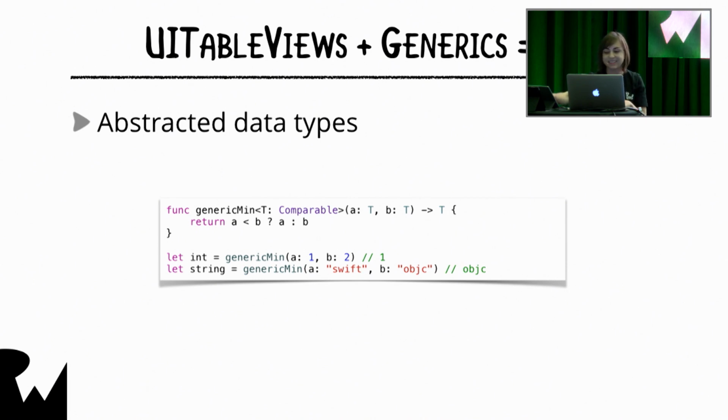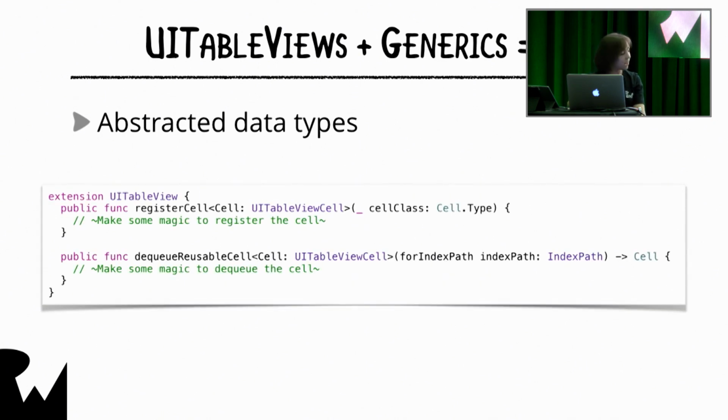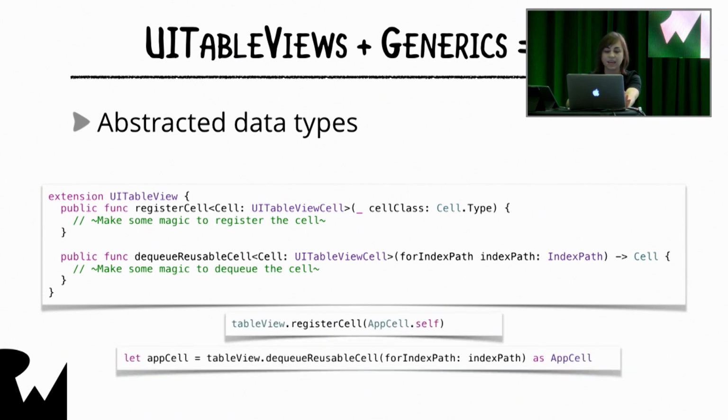So how does this apply to table views? Well, we can add an extension to UITableView with 2 new functions, one for registering the cell and one for dequeuing it. In the register cell function, we create a new abstract data type that we'll call Cell that is constrained to being a UITableViewCell.